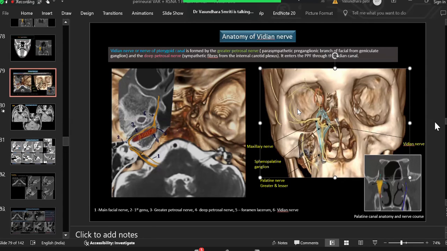But if you are not sure, ask for an MR. Ideally, MR should be the modality of choice. The communication between fifth and seventh happens in the parotid itself, and that is how the auriculotemporal nerve gets involved. More cases, maybe next time.